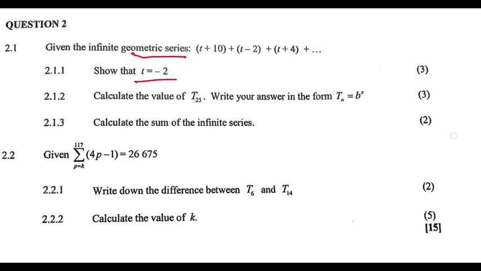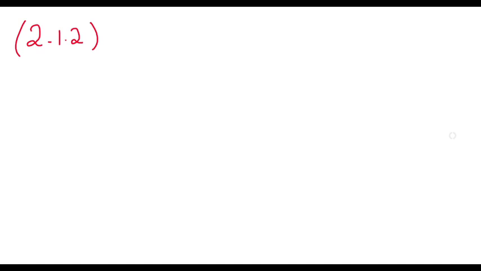Calculate the value of t25. Write your answer in the form tn is equal to b power x. Now we need to calculate the value of t25. So obviously t is equal to negative 2, substitute into the terms of the series to find the common ratio.